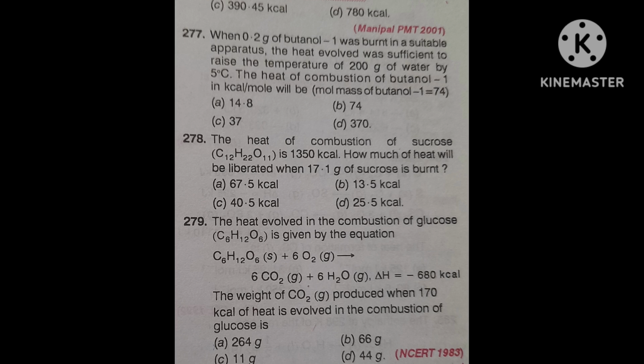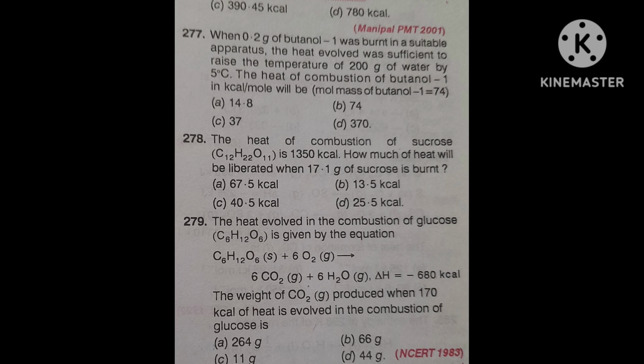First you understand the question, only then can you solve it. Think about the given reaction and what you have to calculate. Think in a correct way, then you can solve it.